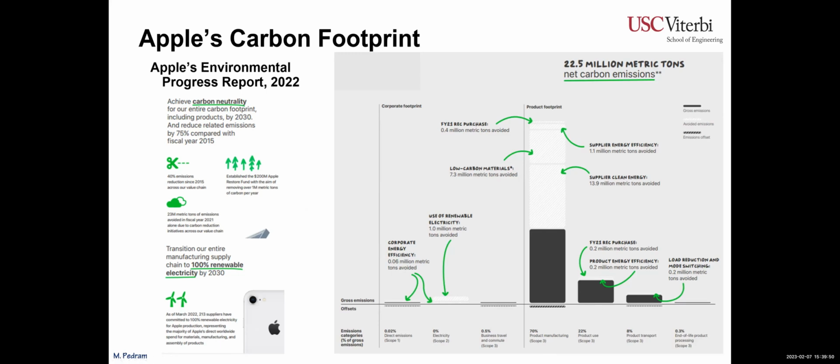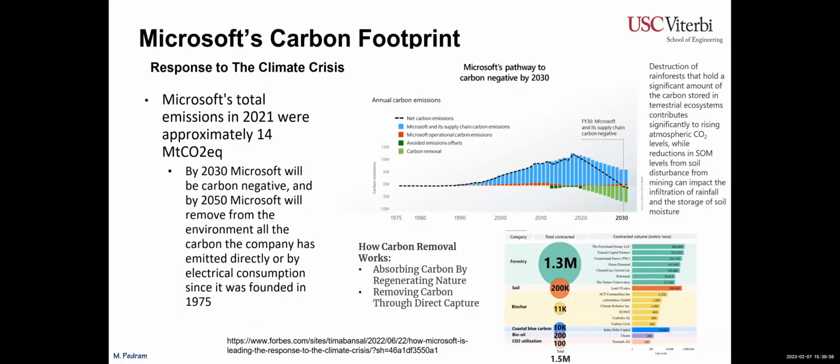But of course, if you look at the numbers that we have, the numbers are still quite large in terms of the overall carbon emission. So this is Microsoft's carbon footprint. They are showing that Microsoft's supply chain carbon emissions peaked around 2019 or so. They're bringing it down, and they do this to some extent by avoiding emissions or by doing carbon removal.